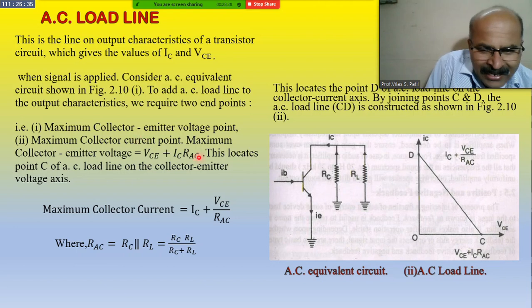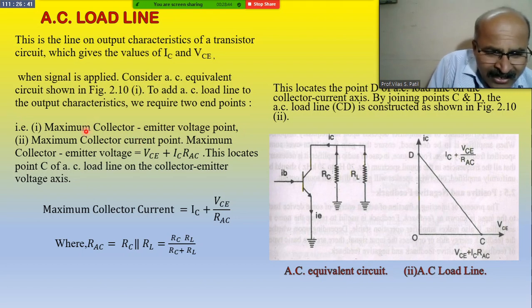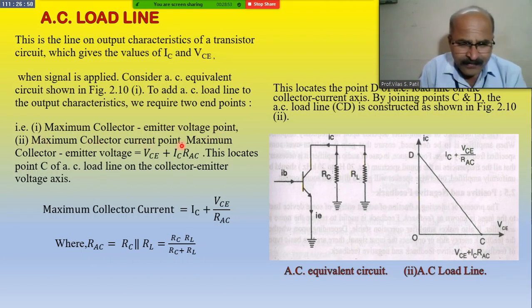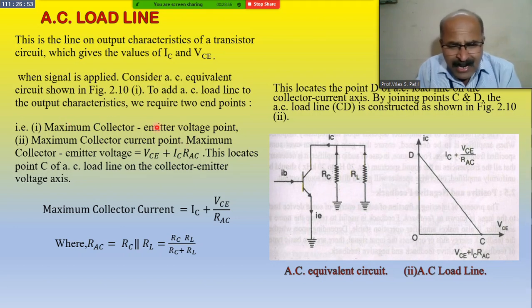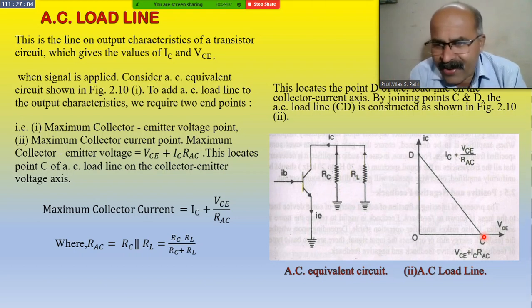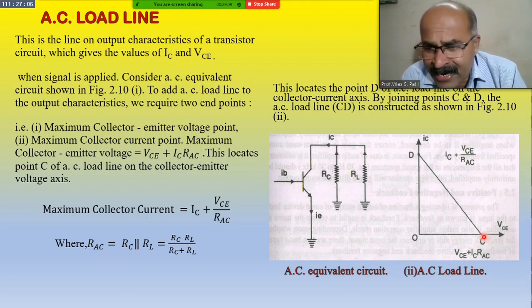The maximum collector current is point D. Maximum collector emitter voltage is point C. Friends, see again and try to understand.